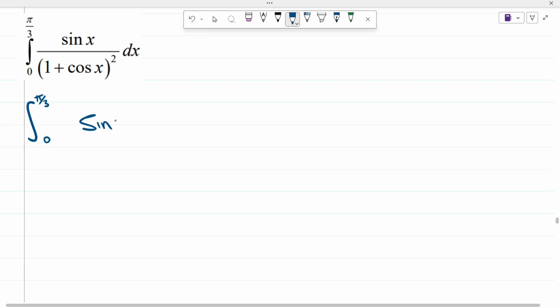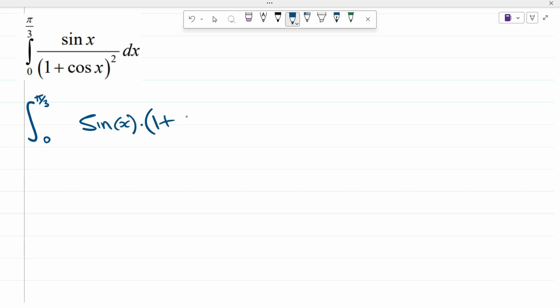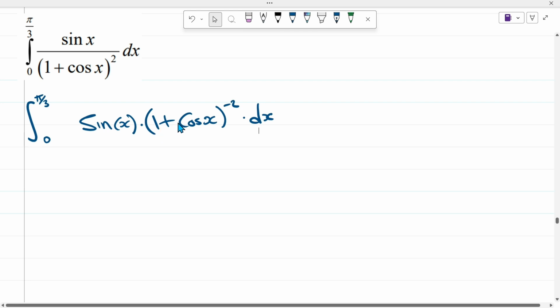So this is going to be sine of x multiplied by 1 plus cos of x to the power of negative 2, dx. So if we let 1 plus cos of x be our f of x, our function, then can this be the derivative?